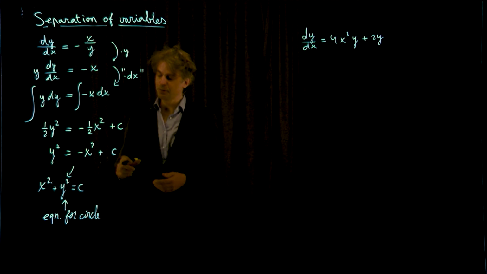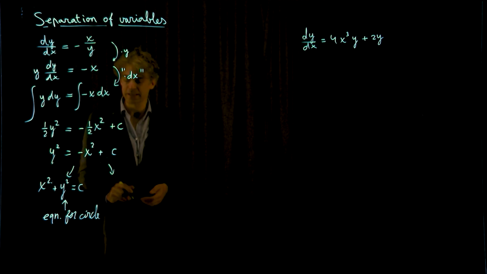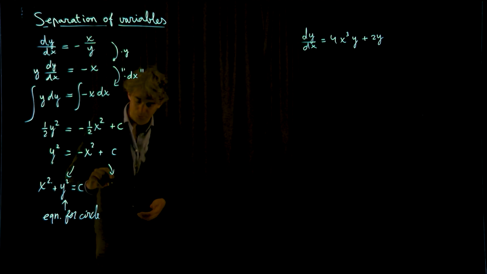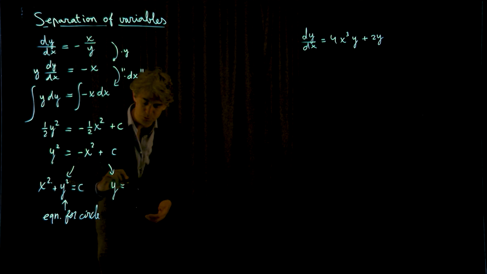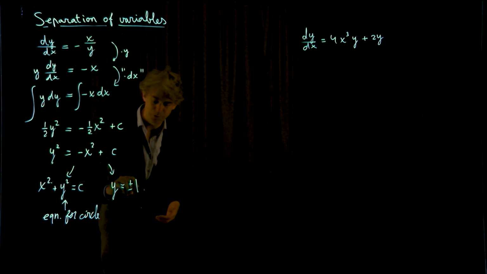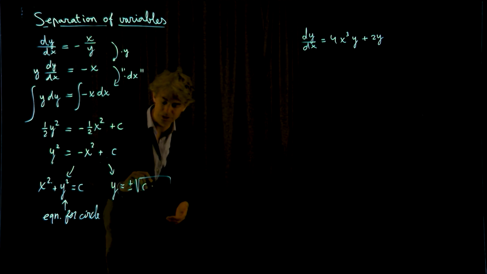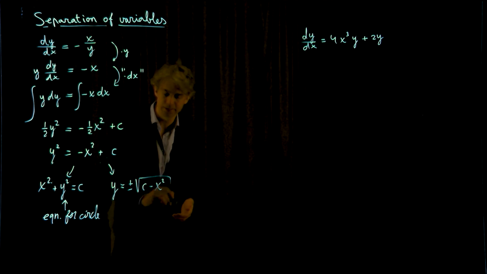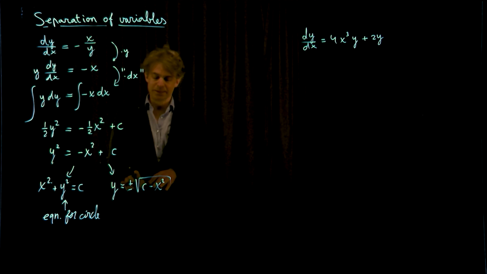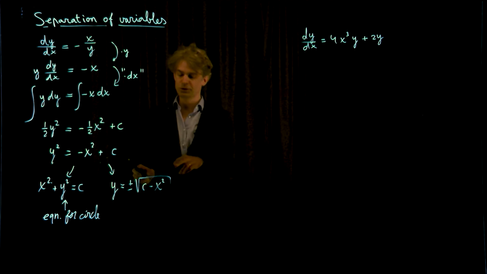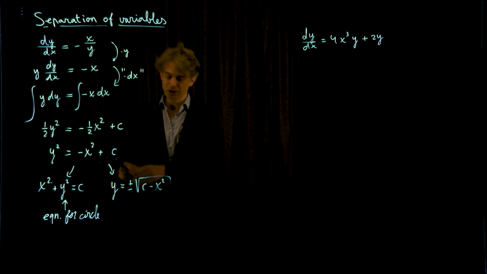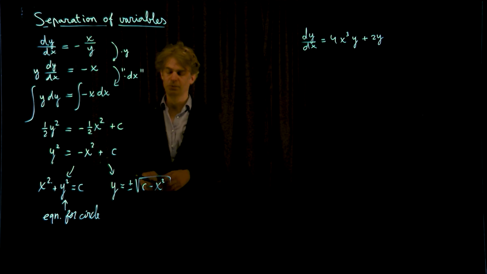So the other way, what I could do is take a square root on both sides, and then I get y equals plus or minus the square root of c minus x squared. And this basically splits it into the top half of the circle with a plus and the bottom half of the circle below the x-axis.